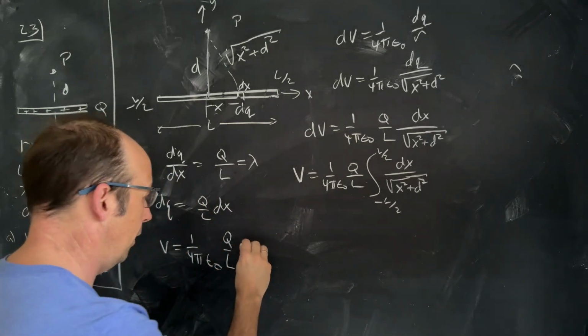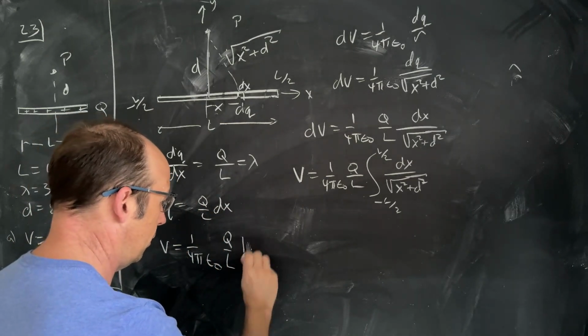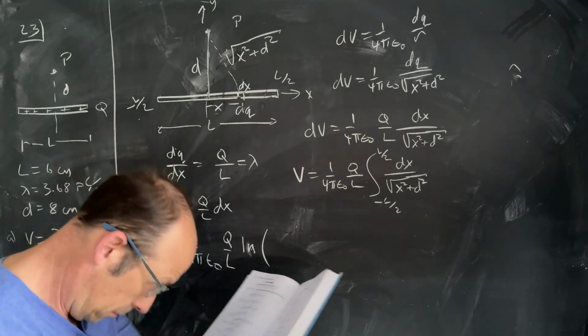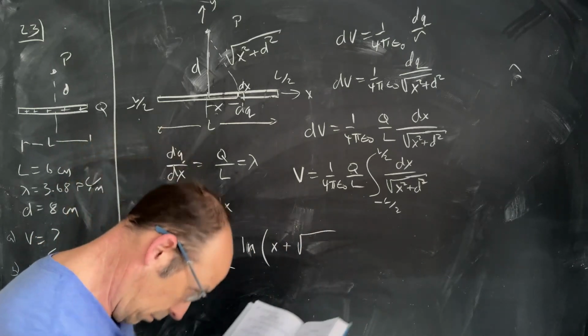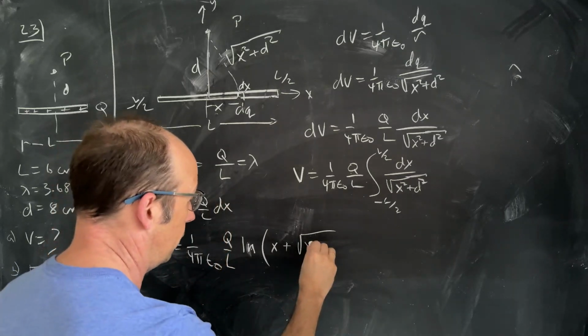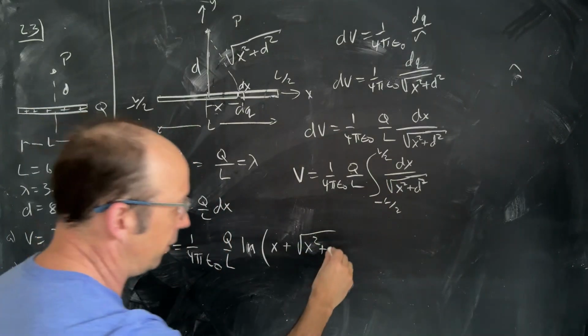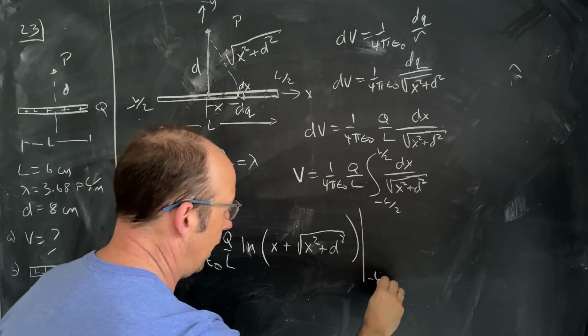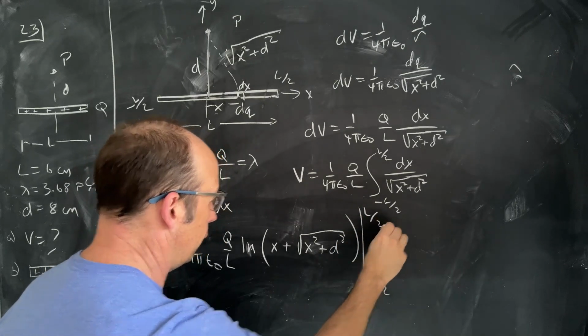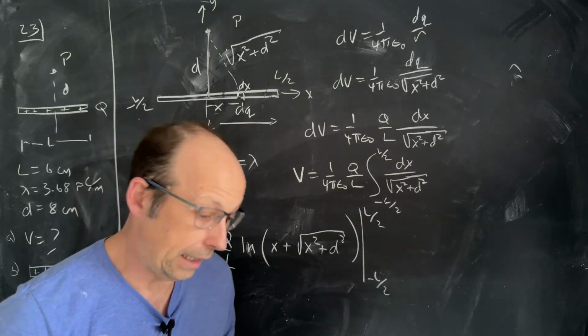That's how old it is. The natural log of x plus the square root of x squared plus a squared. But here I don't have a squared, I have d squared. And then I evaluate that from negative L over 2 to L over 2. And that's that.